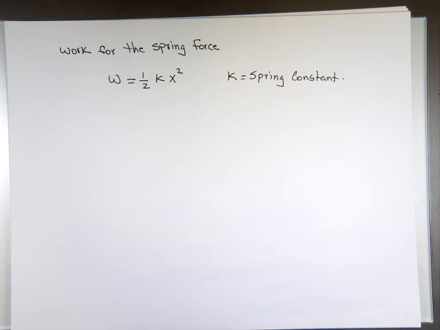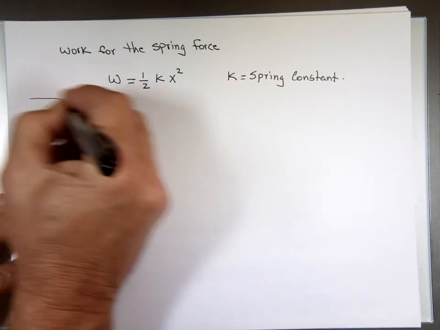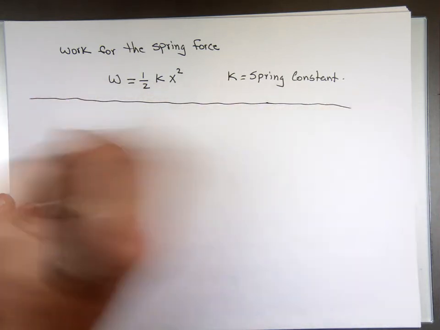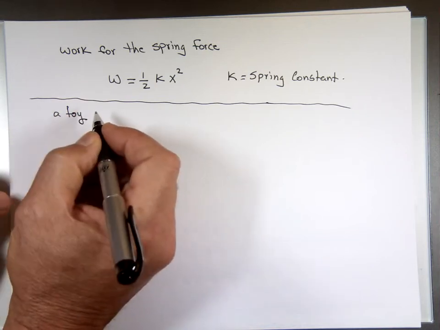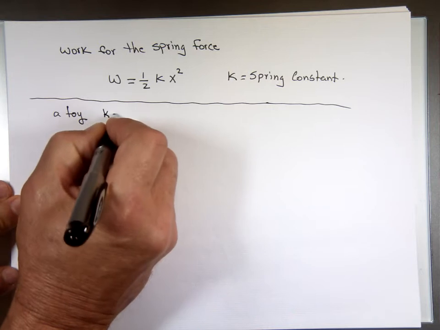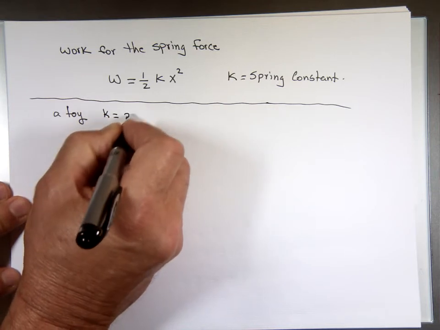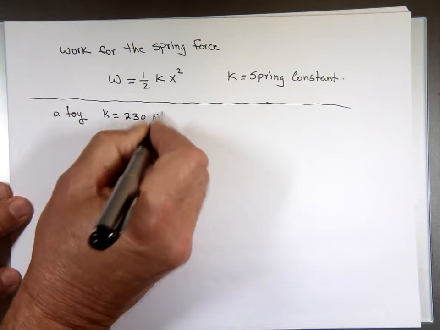So let's see if we can find an example. We have a toy that has a spring constant k equal to 230 newtons per meter.